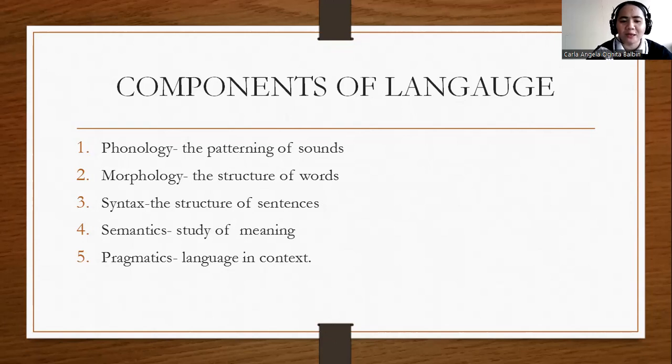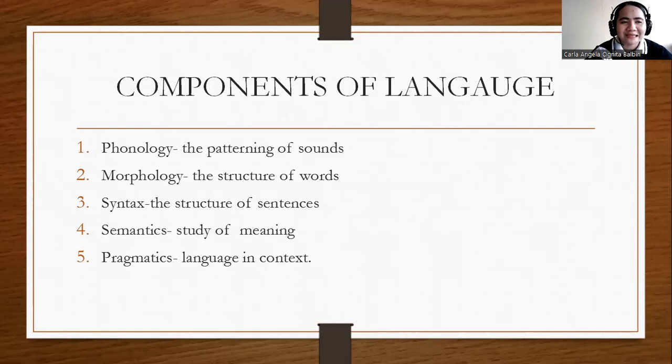Okay. The third component is syntax. So syntax is the structure of sentences. It actually comes from the Greek word syntaxis, which means arranged together.